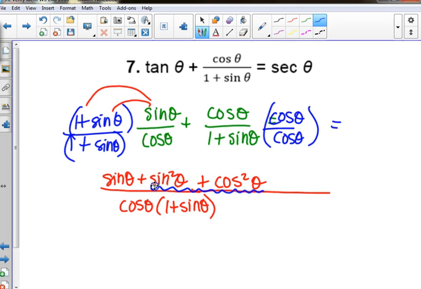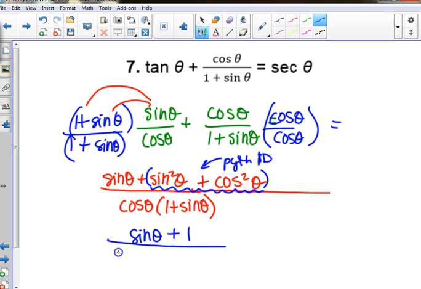We can add in any order we want. And as long as we leave the plus, we can combine those two, and that's a Pythagorean identity, right? That we'll trade out for a what? 1? So we have a sine theta plus 1 all over a cosine theta times a 1 plus sine theta.